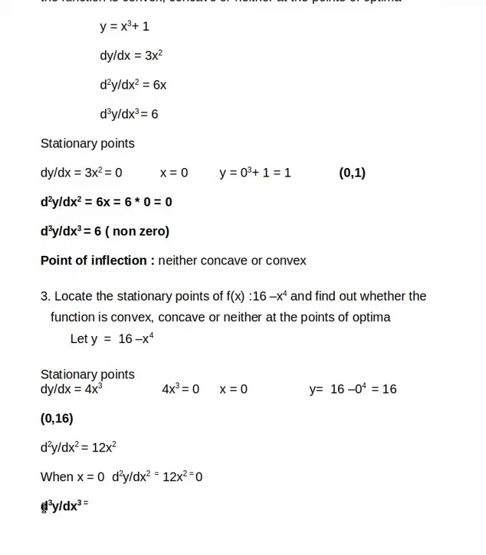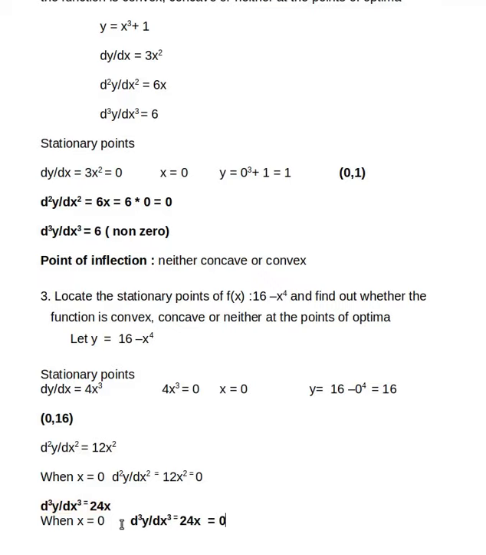The second order derivative is 12x square, so from this we get the third order derivative as 24x, and we put x equal to 0. So that is 24 into x. When x is equal to 0, the value is again 0.